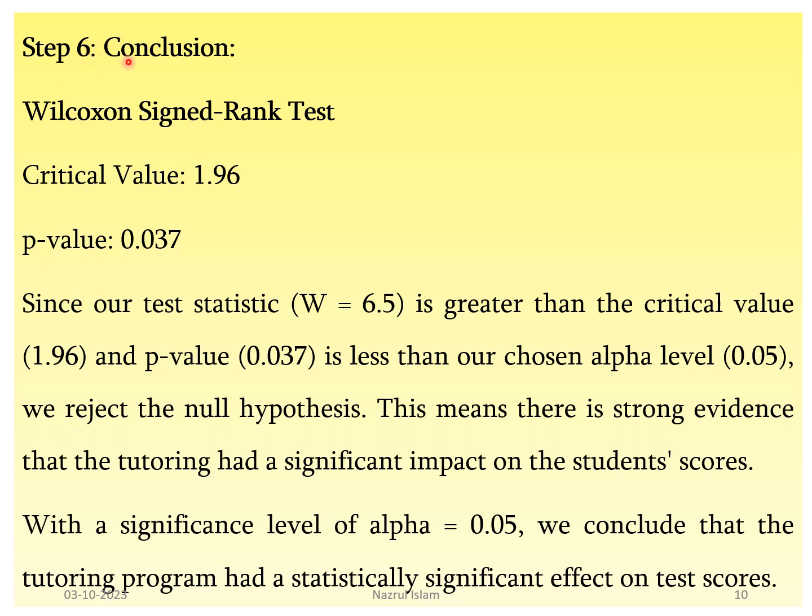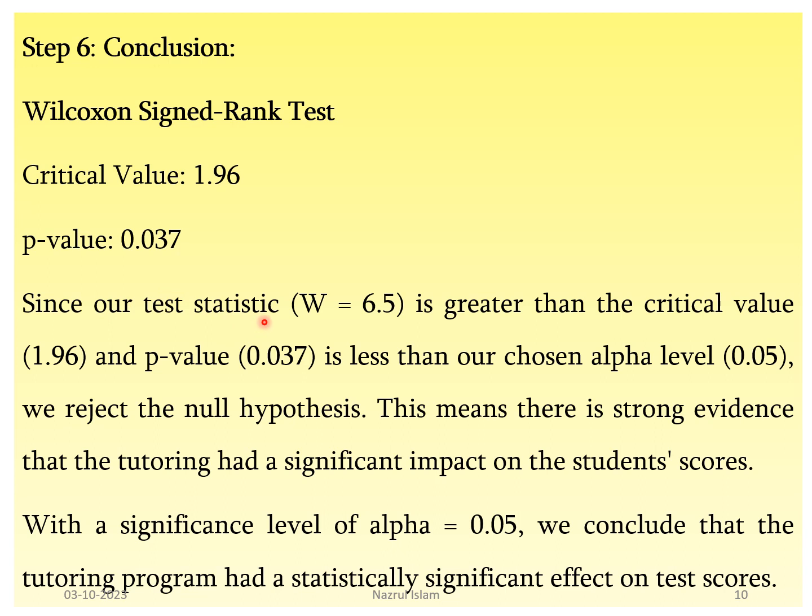Now, step 6 is the conclusion part. From the Wilcoxon signed rank test table, we get critical value 1.96 and p value is 0.037. It has been calculated from Python software.